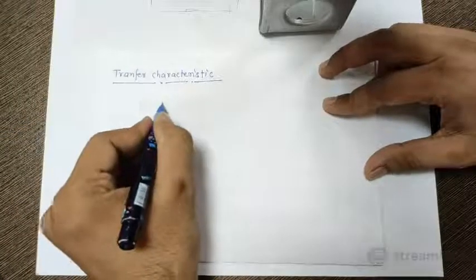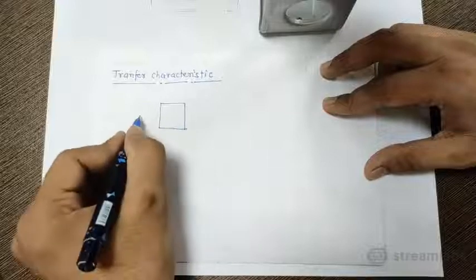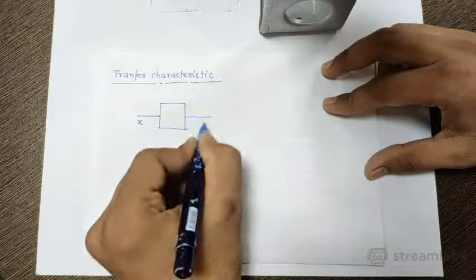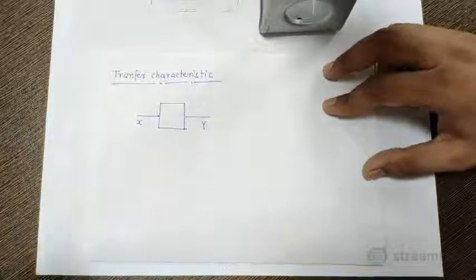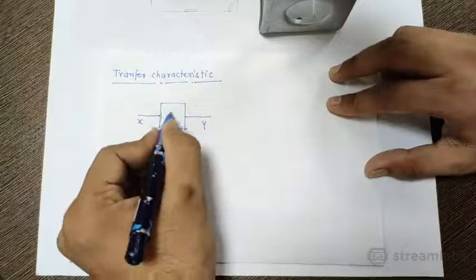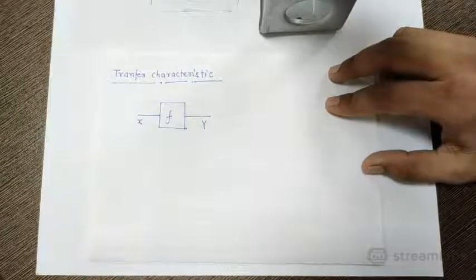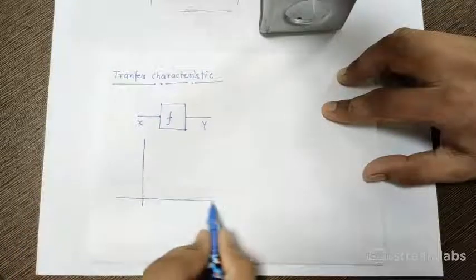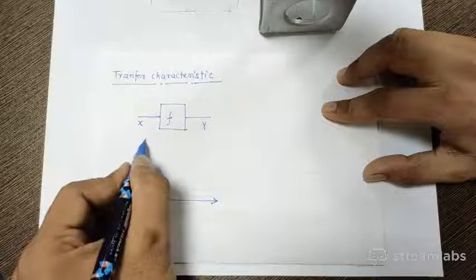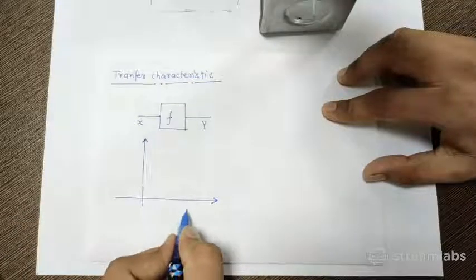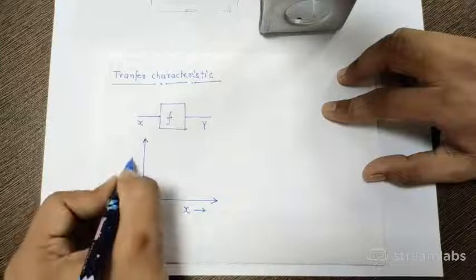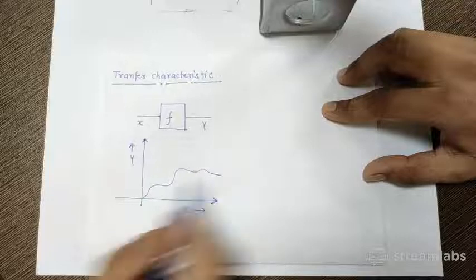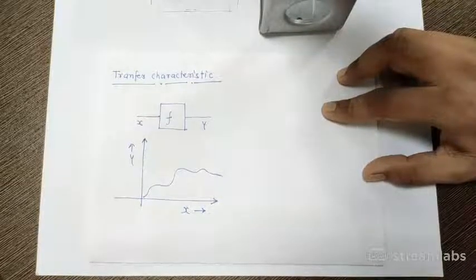Suppose we have a black box like this, and I am applying X as input, and out of this black box Y is coming as output, and suppose this is performing some function f. Then the characteristics of the output with respect to input is called transfer characteristics.